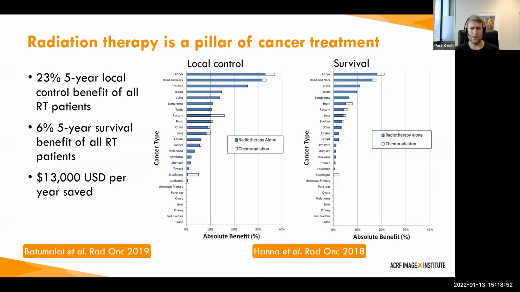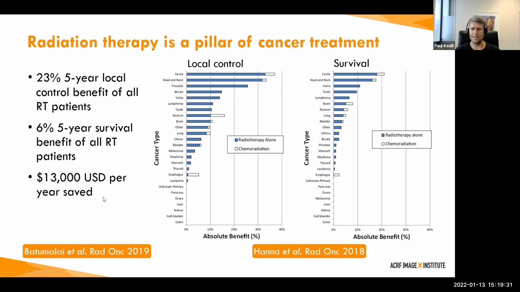Overall, some work done at Liverpool Hospital in Western Sydney was looking at how much radiation therapy improves local control and survival across the different cancers. The findings were a 23% 5-year local control benefit for all patients, and a 6% increase in 5-year survival for patients receiving radiation therapy compared to those who don't.